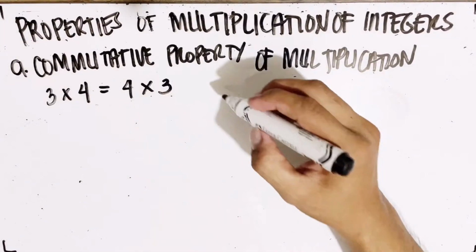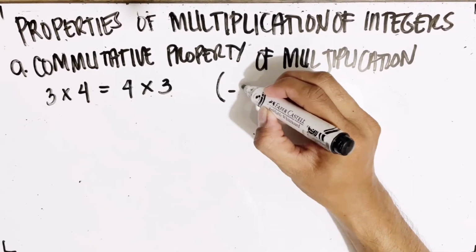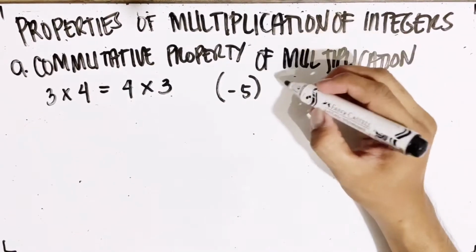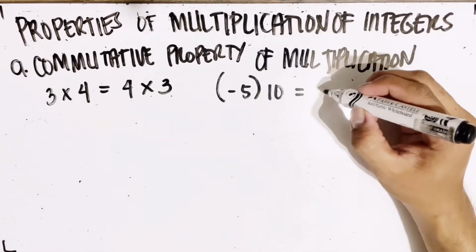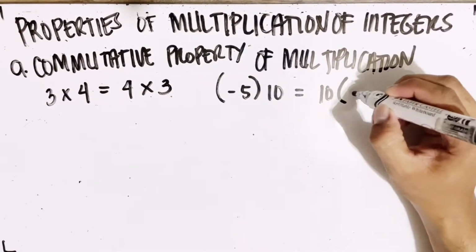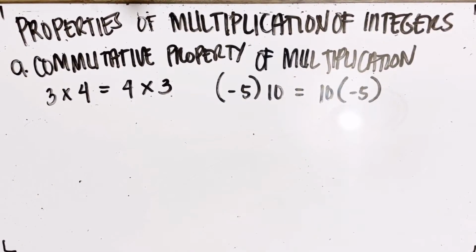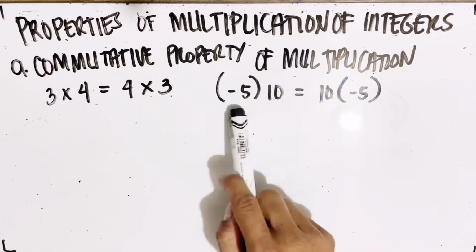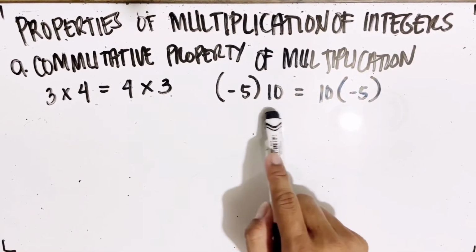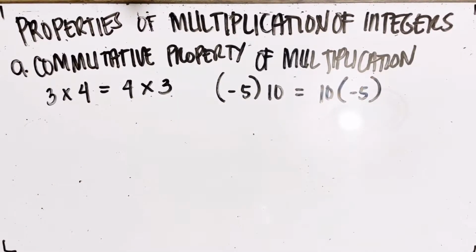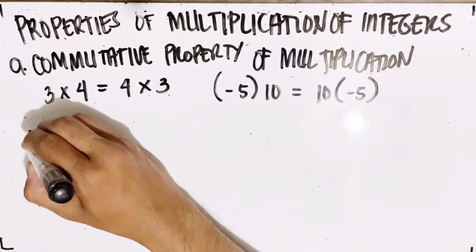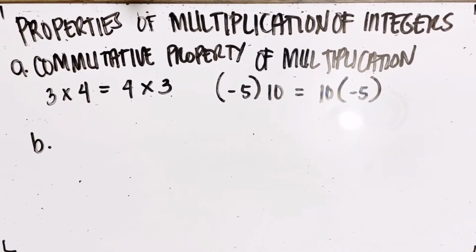Other example, we have negative 5 times 10, that will be equal to 10 times negative 5. So the answer here is negative 50, while the answer on the right side is also negative 50. They will still have the same product. Now let's proceed to the next property.